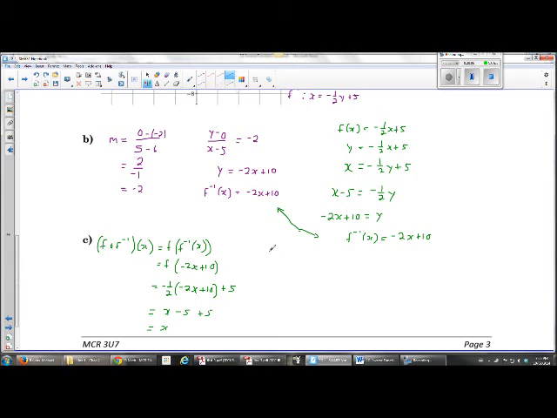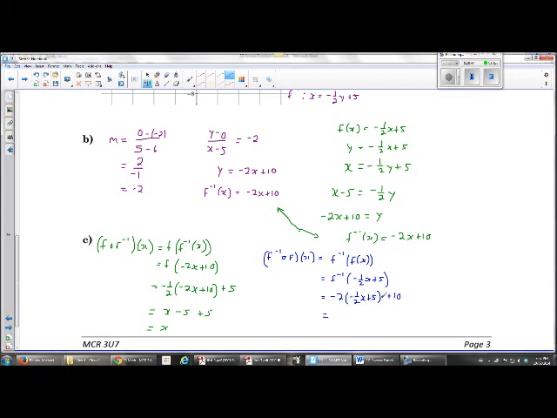And we can do the same thing. I'll change pens again here. Now we'll do f inverse composite f of x, which is f inverse of f of x. f is negative 1/2 x plus 5, and f inverse is negative 2x plus 10, so we start out with negative 2, and for the x, I substitute in negative 1/2 x plus 5, plus 10.